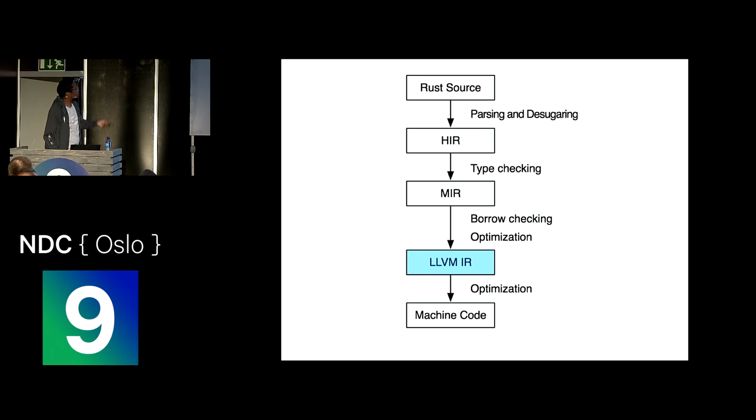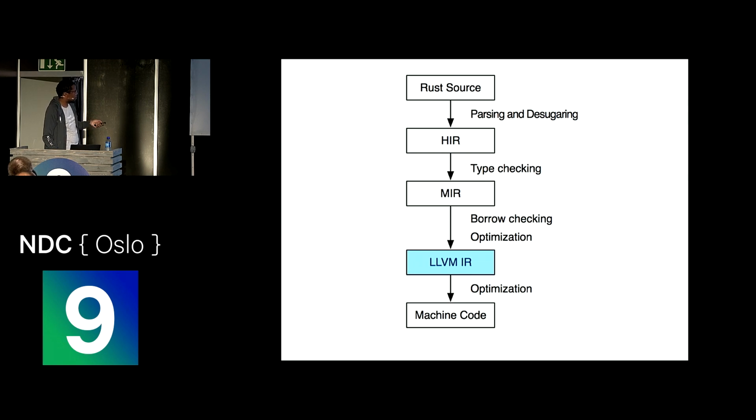So I mentioned this slide. This is simply showing the stages that Rust code goes through when it's being compiled. And it's important to know that these first three sections happen in the Rust compiler. So it has internally some intermediate representation: the high-level intermediate representation, the mid-level.